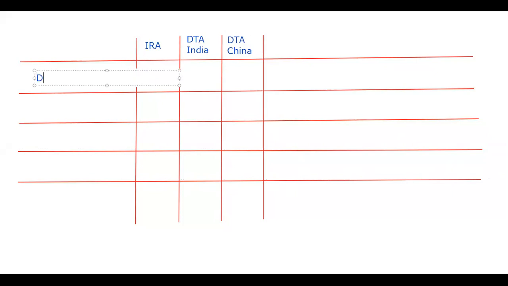Right, here dividend. Here I will take interest. Here royalty.